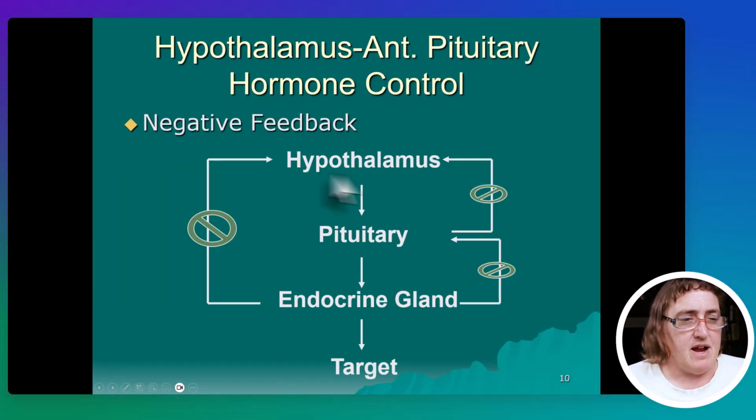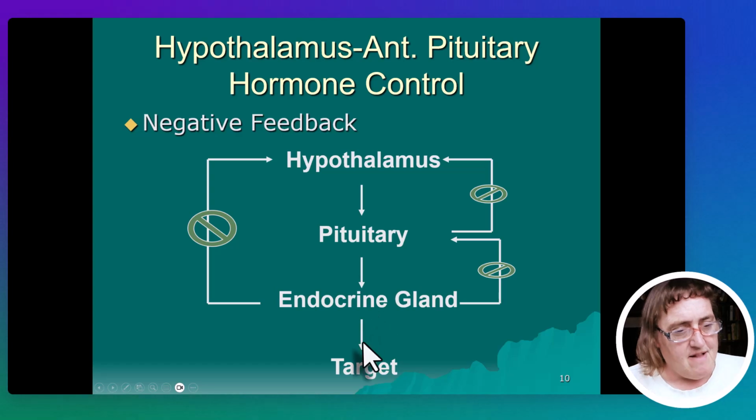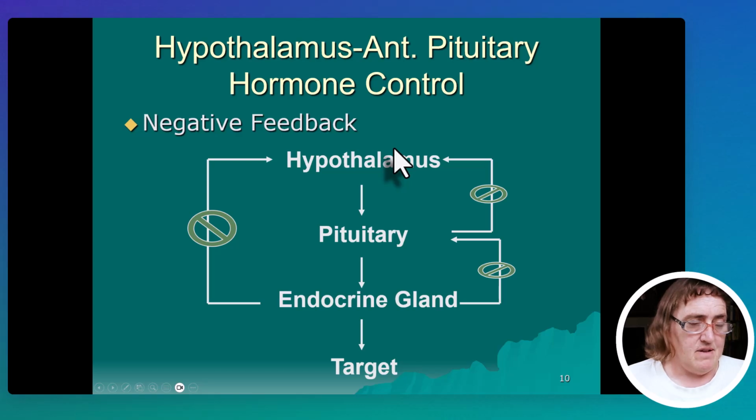All right, so again, hypothalamus, pituitary, endocrine gland, target is kind of the overall tree, but they regulate themselves by a negative feedback pathway. So for example, thyrotropin releasing hormone is released from the hypothalamus, which causes the release of TSH from the pituitary, which causes release of thyroid hormone from the thyroid gland. Thyroid hormone will feed back when it gets high enough and turn off the production of the ones above it.